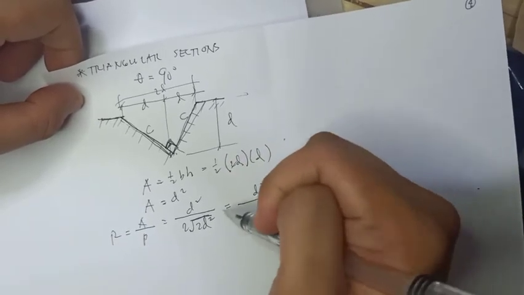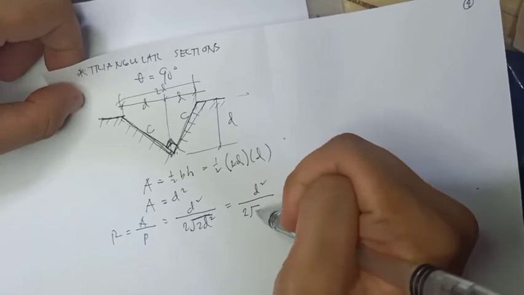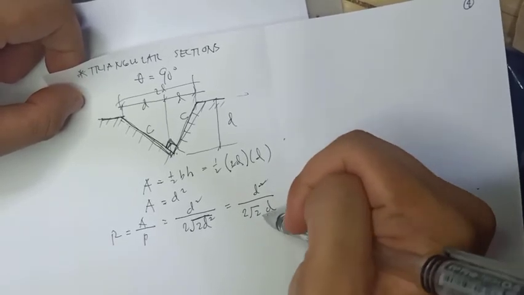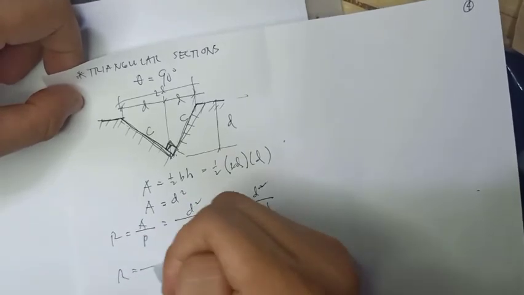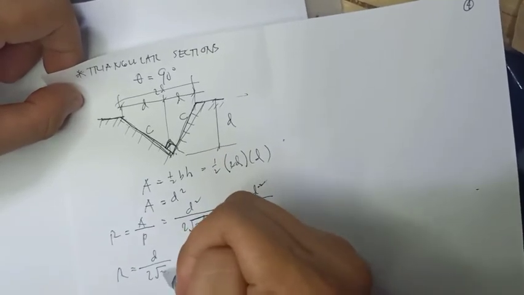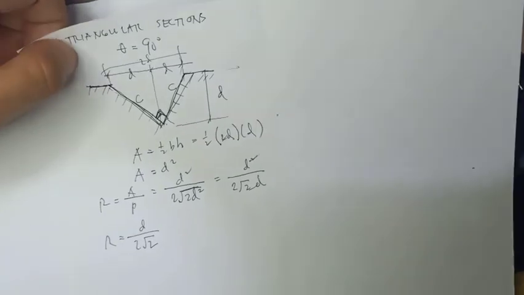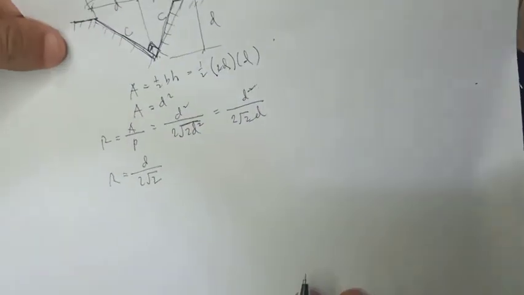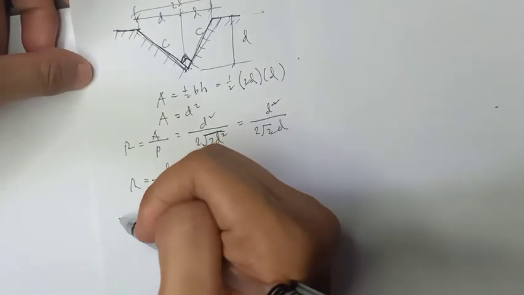So, D squared over, palabas natin to 2 square root of 2D. So, cancel. So, our R is D over 2 square root of 2. Next one is yung trapezoidal section.